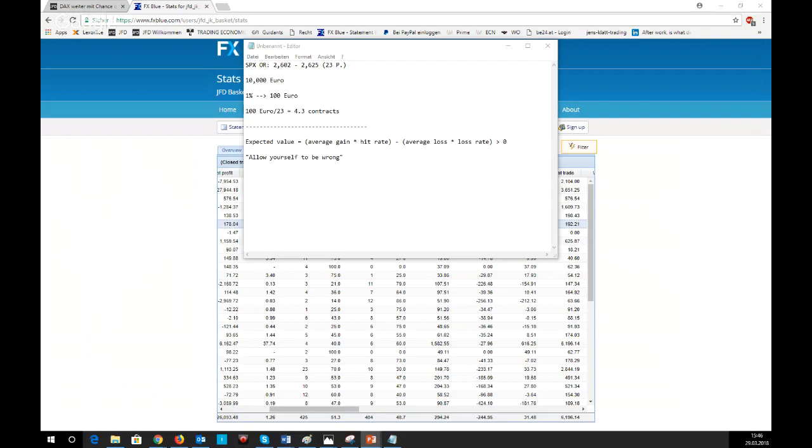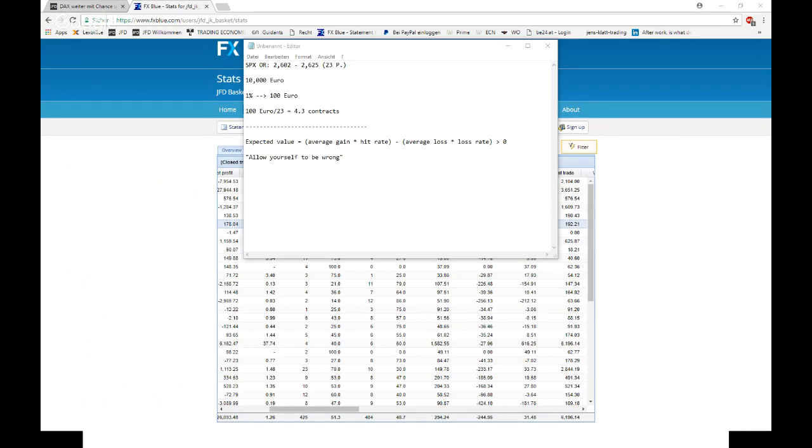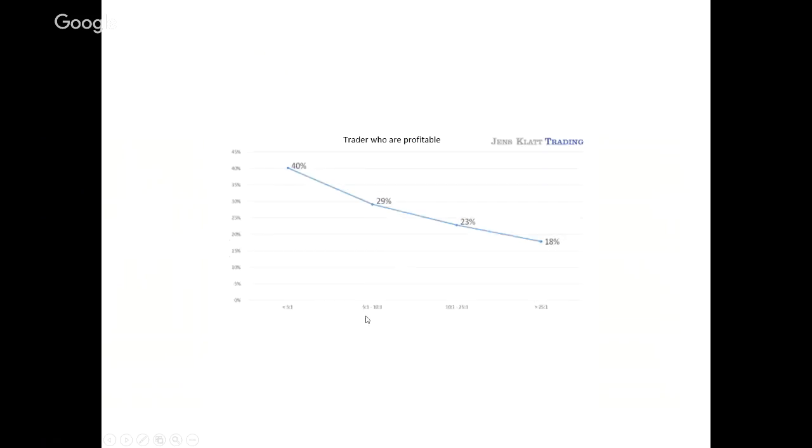Yes, there we are. So this is data from a third-party broker. Nevertheless, it perfectly illustrates what I just said. What you can see here on the x-axis is, for example, higher than 25 to 1, between 10 to 1 and 25 to 1, and so on, and here less than 5 to 1.